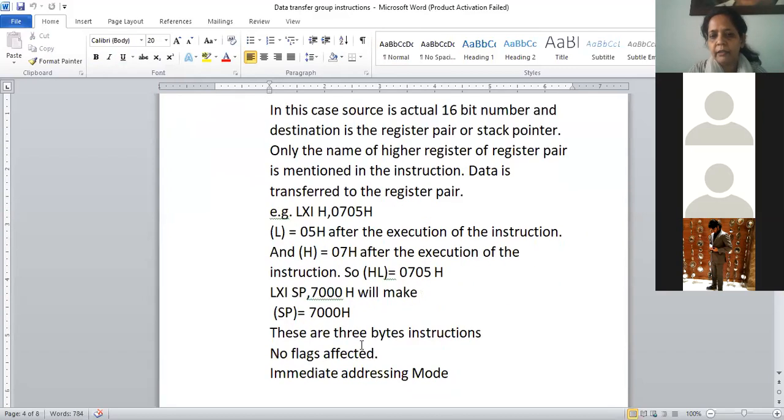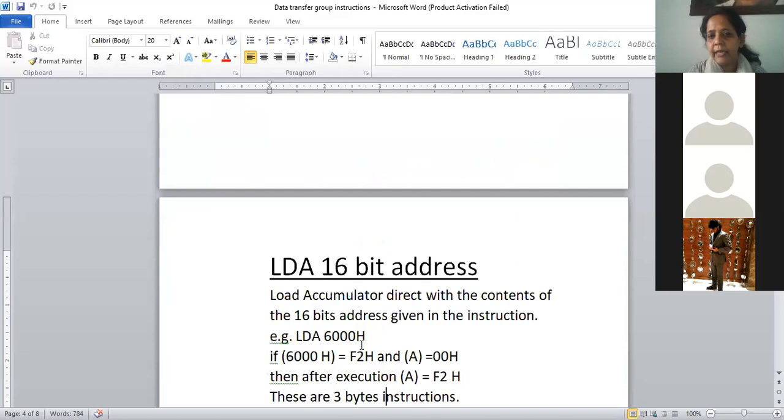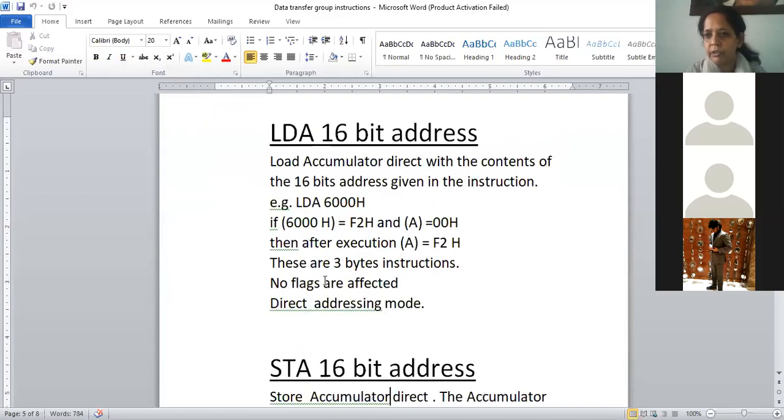Then you had other instructions, LDA and STA. These are opposite instructions. So just remember the opposite instructions and remember the similar instructions. When you say it is an opposite instruction, it means whatever function this instruction does, exactly the opposite function this particular instruction will do.